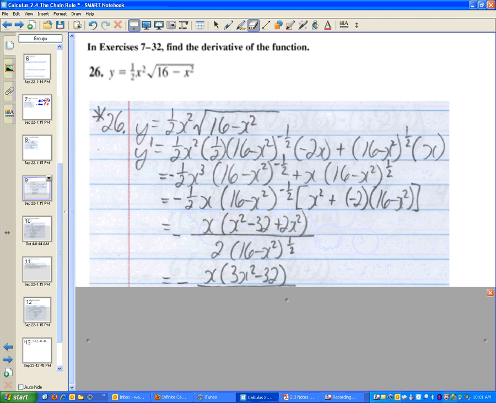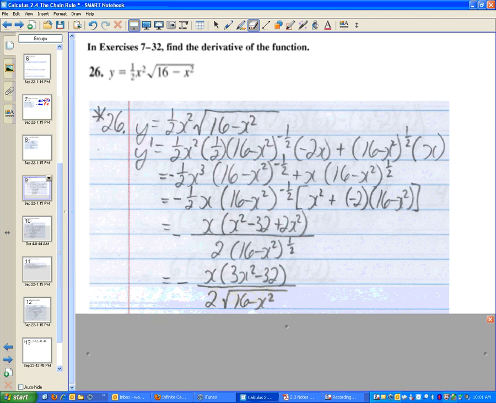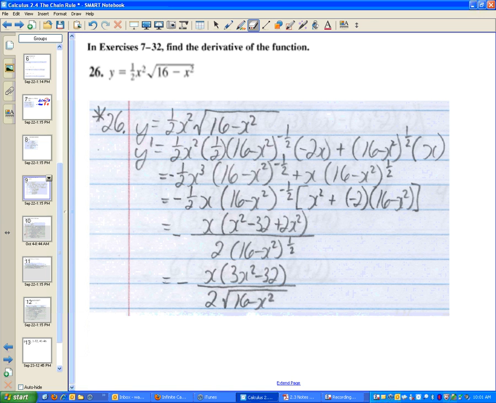And the only thing I need to do in the denominator, instead of that exponent of 1/2, let's make it a square root. You may want to look at that one again before long.